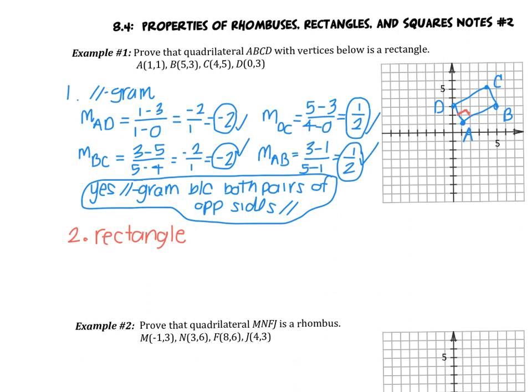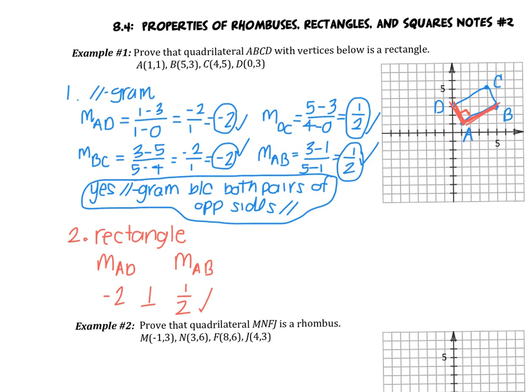In other words, that the slopes of AD and AB are perpendicular, opposite reciprocal. Well, look at it. The slope of AD is negative 2, and the slope of AB is 1/2. These are perpendicular to each other. They are opposite reciprocal. That's a 90-degree angle.